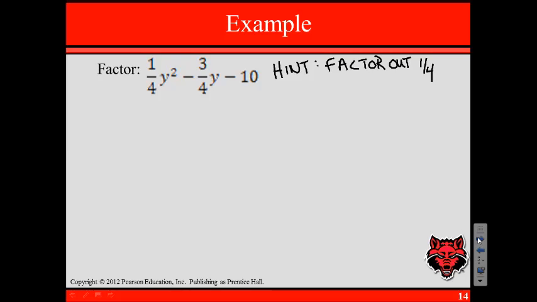We'll say 1/4 is our GCF in this problem. Now remember, when we factored out a GCF, it was the same thing as dividing all of the original terms by that number. But when we divide by a fraction, if I divide by 1/4, that's the same thing as multiplying by 4. So let's rewrite this where we're multiplying every term by 4.